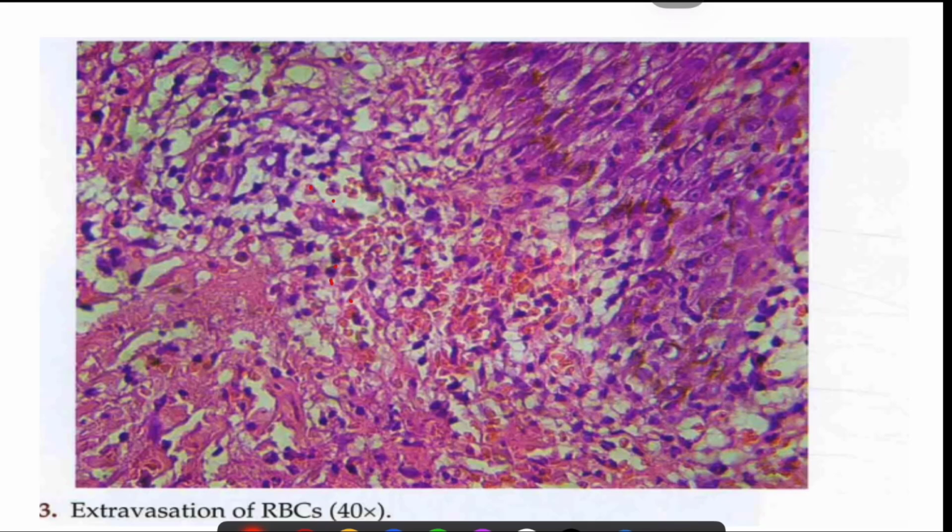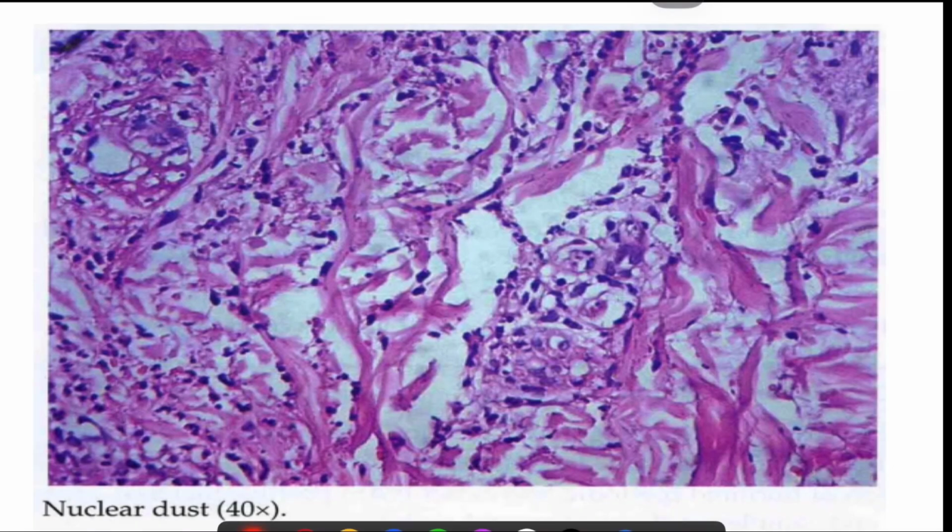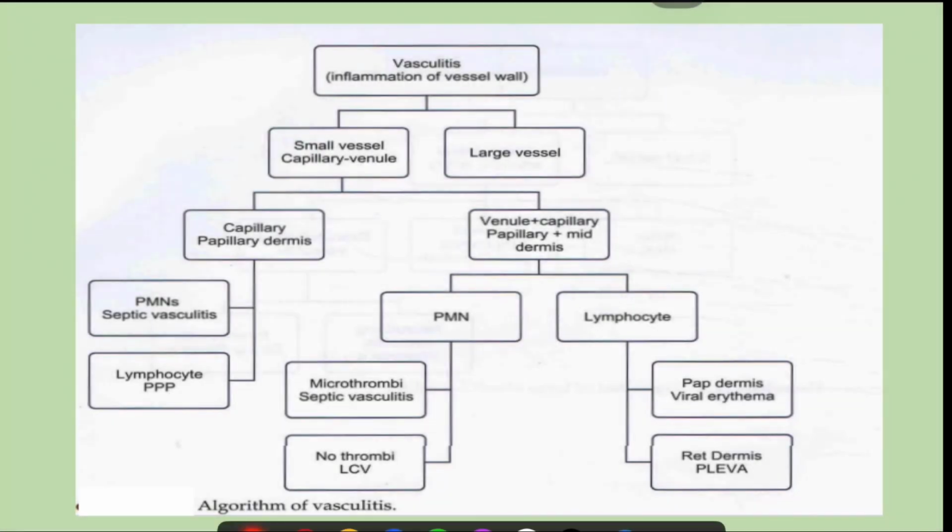So, lymphocytes, and these are the red-orange RBCs present outside the vessel lumen. Nuclear dust, these are the fragmented nuclear parts, blue in color. This is how you can identify vasculitis.